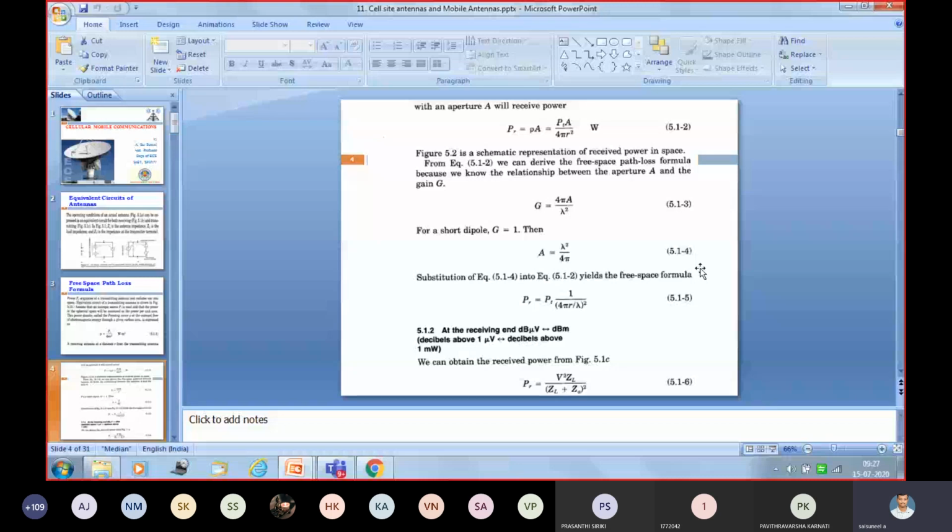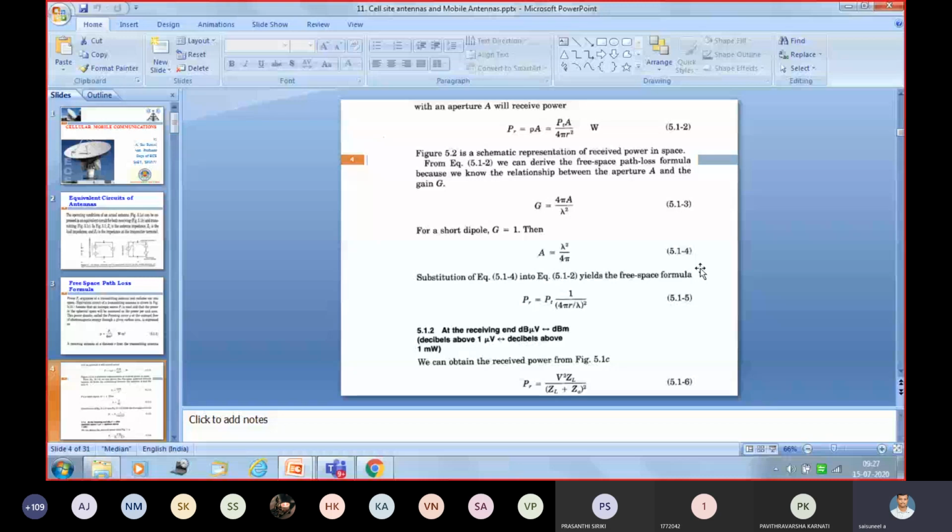That is the received power. You know the relation between the gain of the antenna and aperture: gain equals 4 pi A by lambda square. For a short dipole, the gain is equal to 1, then aperture A equals lambda square by 4 pi.